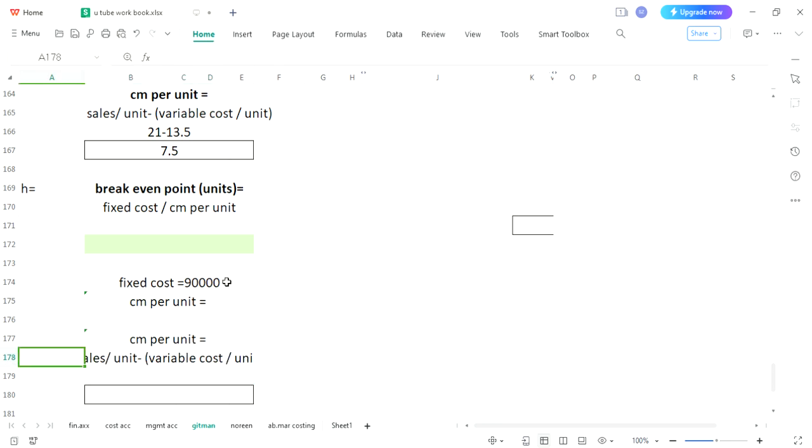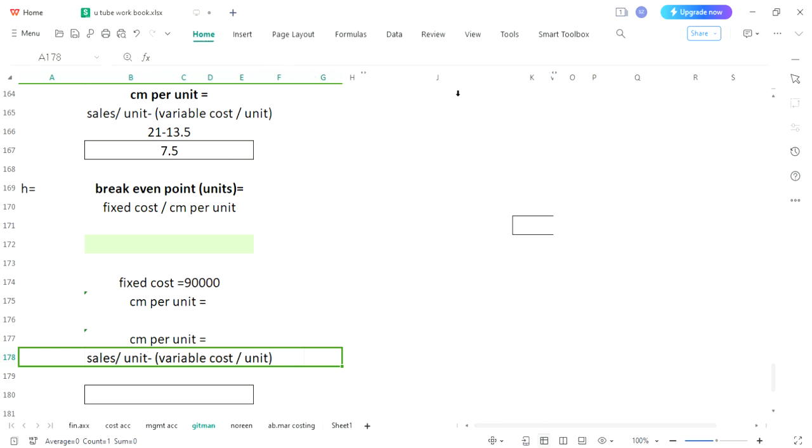This way you will complete your CM per unit. Since we have repeated it so many times, I'm sure that you will have this formula in your mind now. Let's get back to the question.